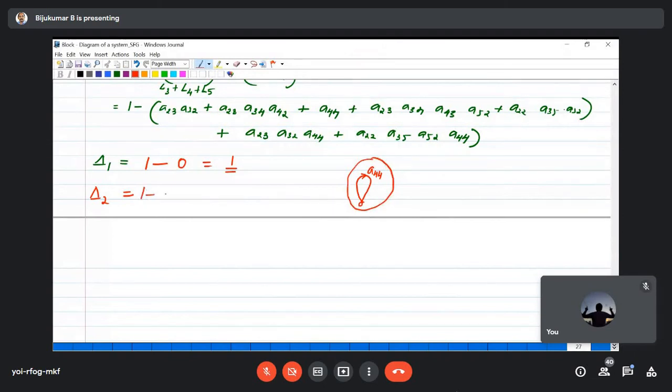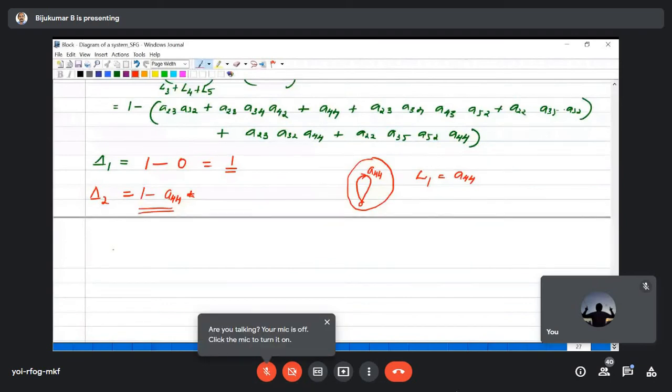It is 1 minus sum of the loop gains. Here we are having only one loop, that is L1 equal to A44. So we can write 1 minus A44 plus sum of the gain product of the two non-touching loops. Here only one loop exists, so we don't need to worry about the other thing. So the answer will be 1 minus A44.